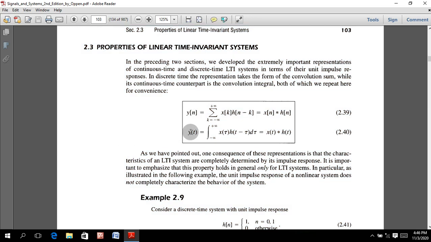The same process will be followed in the case of continuous time signals, where the convolution integral is represented mathematically using this format.